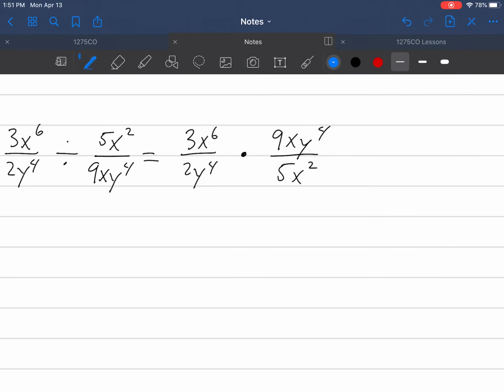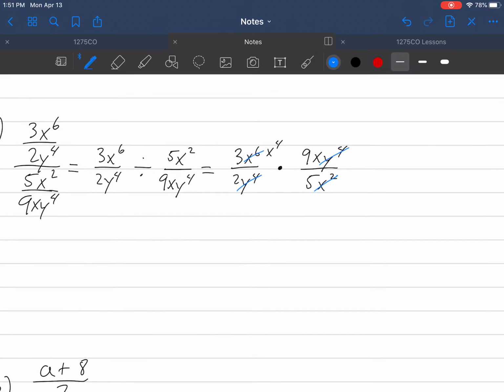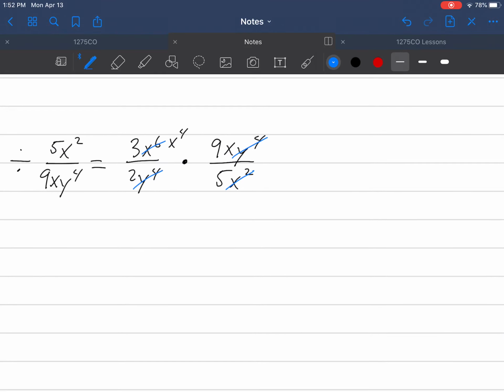Cross-canceling is going to allow us to reduce this x to the 6th with this x squared and have a remaining x to the 4th. Cross-canceling is also going to allow us to reduce this y to the 4th with that y to the 4th. And it looks like nothing else is going to reduce.